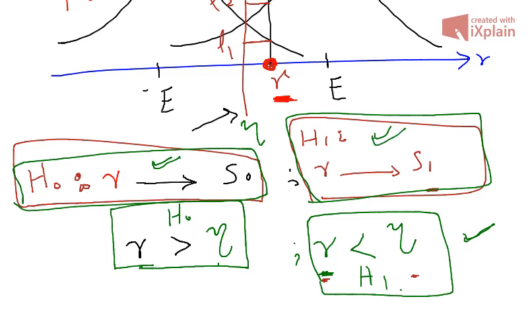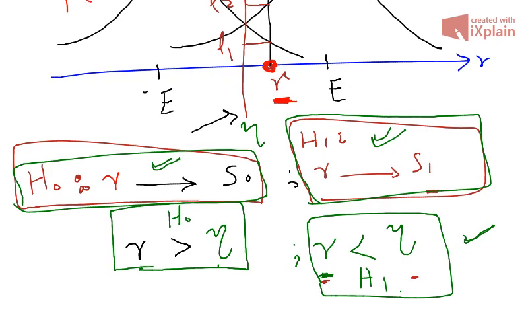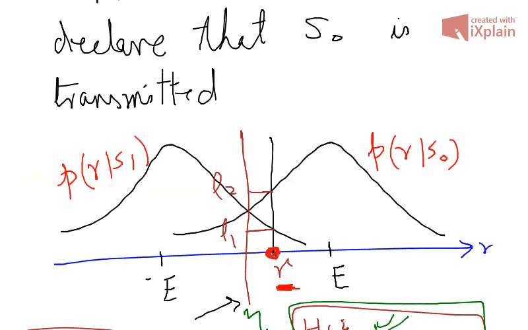And you can clearly see from this figure of the likelihood functions that if the received signal falls towards the right side of this threshold, it may be here, it may be here, L2 would be greater than L1.